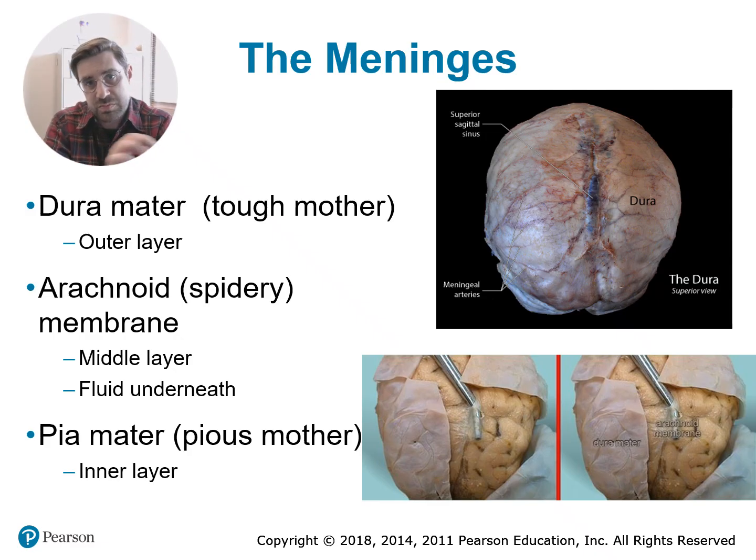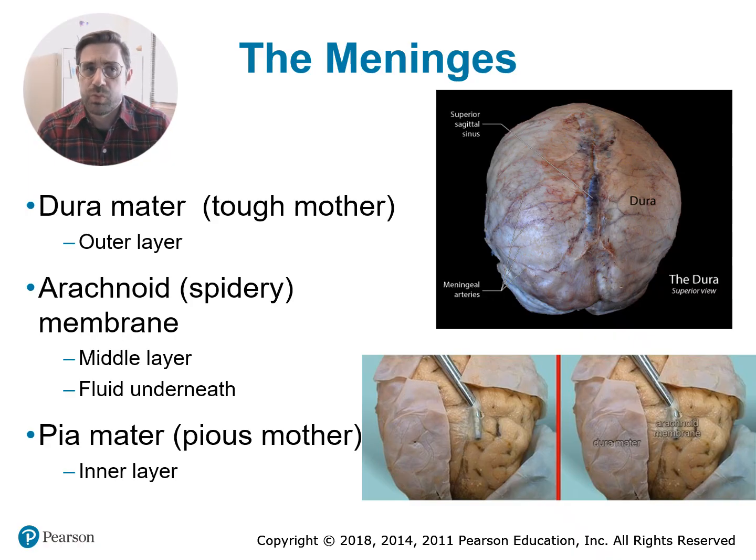Finally, a very small layer lying right up against the brain itself. There's a very thin layer called the pia mater, which is another mother, but in this case it's the pious mother, pia, pious. And that's the final layer of protection. The meninges wrap around the brain so that nothing can get to it from the outside without having to go through a few layers of protection to keep it safe.